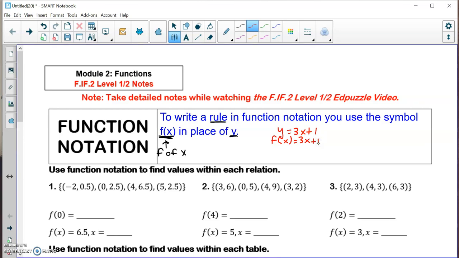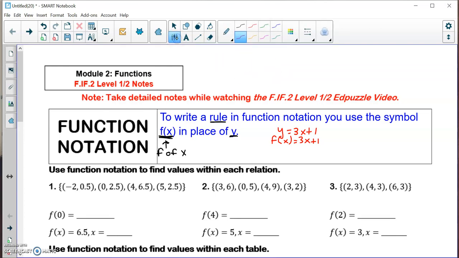So essentially, f of x is a fancier way of writing y. But we can only use f of x when we're dealing with functions. So for example, in our last unit, when we had x is equal to y squared, this was not a function, so we could not use f of x in place of y in that situation.